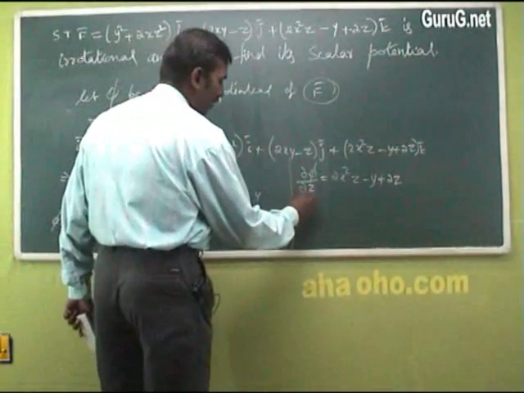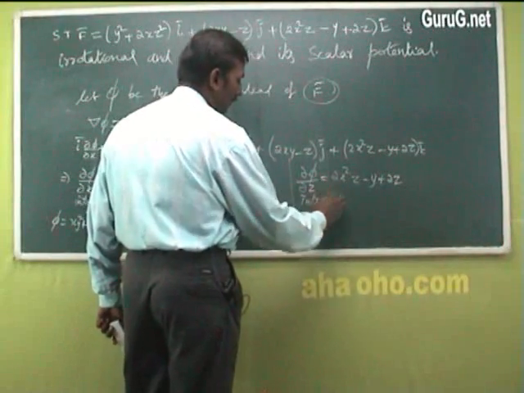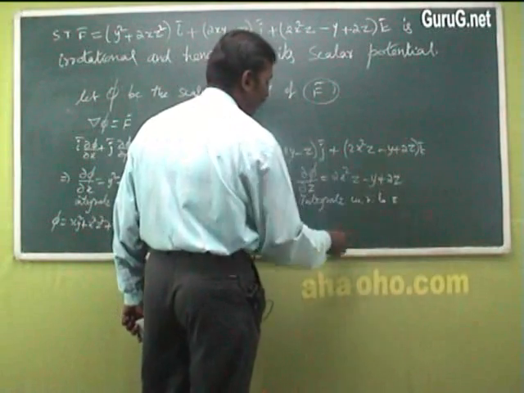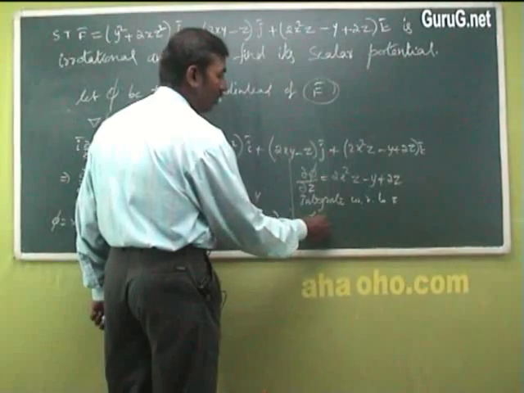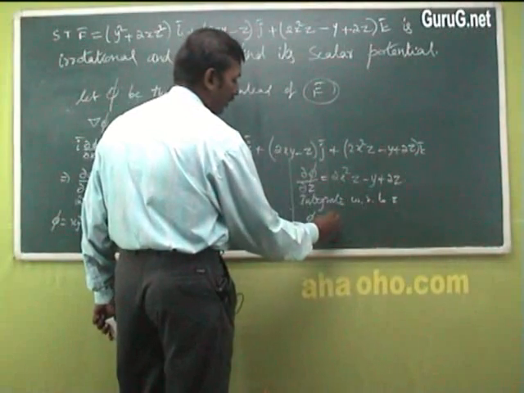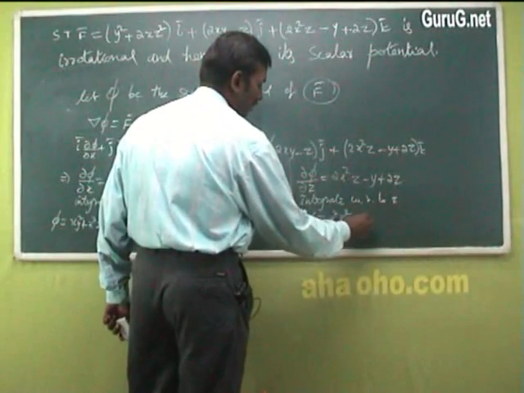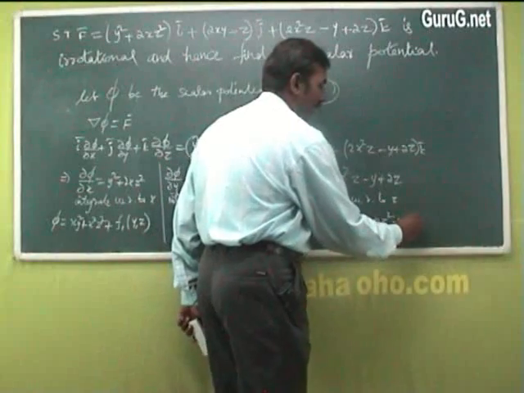Then here integrate with respect to z, keeping x and y as constant, so phi equal to x squared z squared minus yz plus z squared plus f3 of xy.